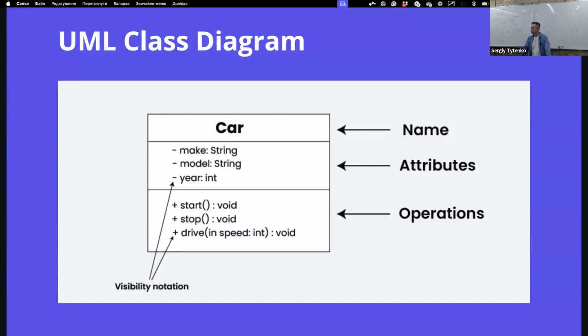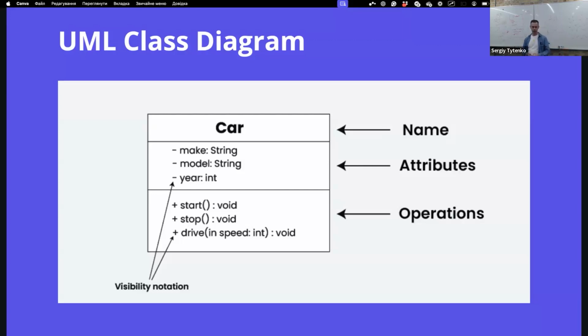Okay, so let's go on with our object-oriented stuff. As I already mentioned, UML is the unified modeling language, and this is another visual representation of programming. We already touched flowcharts, which are a representation of algorithms.